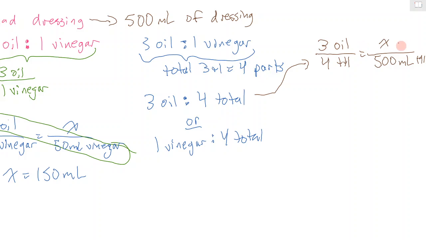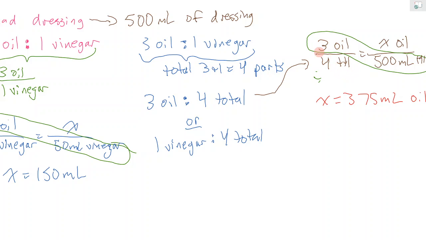Our 3 parts oil is going to match our unknown x, and we will cross multiply on the side that does not have our x, multiply those, divide by this, and we get that x is 375 milliliters of oil.